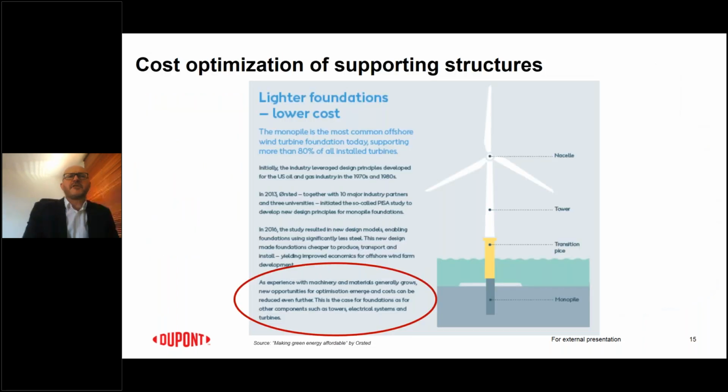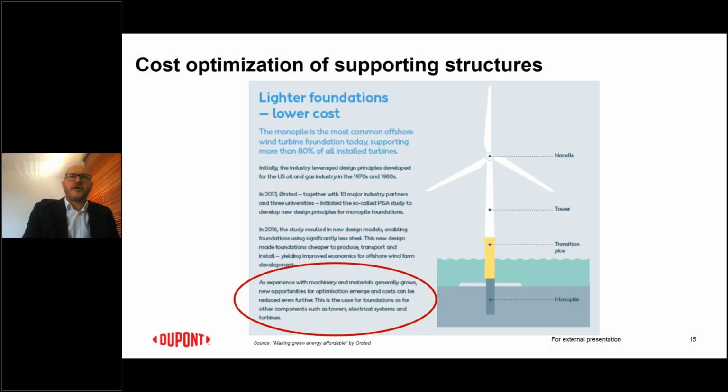What is interesting when talking about optimization: in the past, the optimization of the slim transformer for installation inside the tower was related to the size of the tower. And now, when we talk about offshore installations, we have an even more complex installation structure with the foundation in the seabed, then the transition piece going above the water.